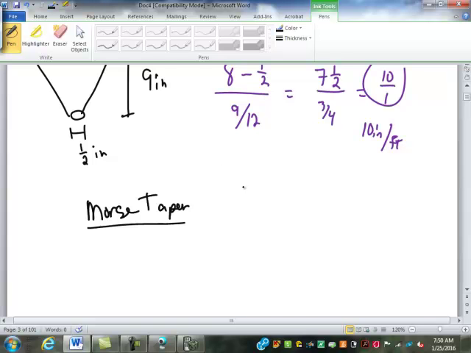The standard number 4 Morse taper is 0.62326 inches per foot is all it is. So that's inches per 12 inches. So you can see that's just under 5/8 of an inch in a foot. It's not a lot of taper.